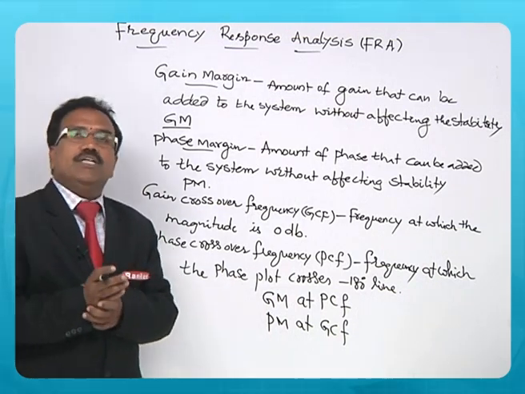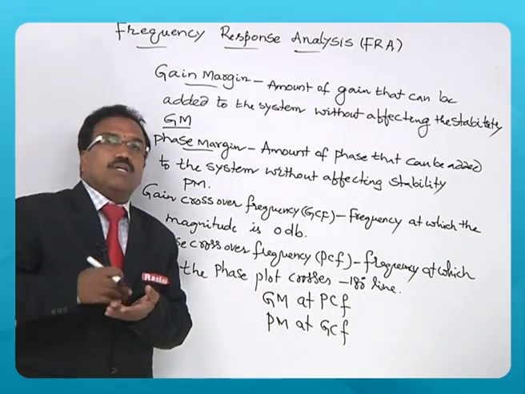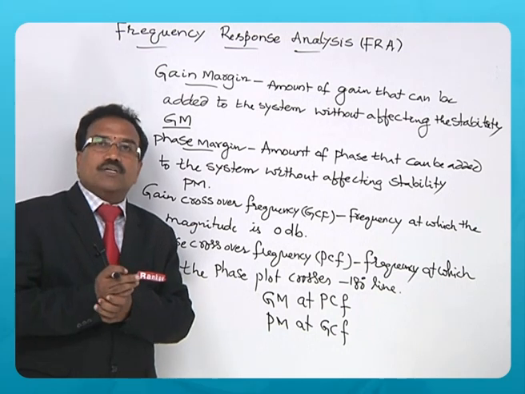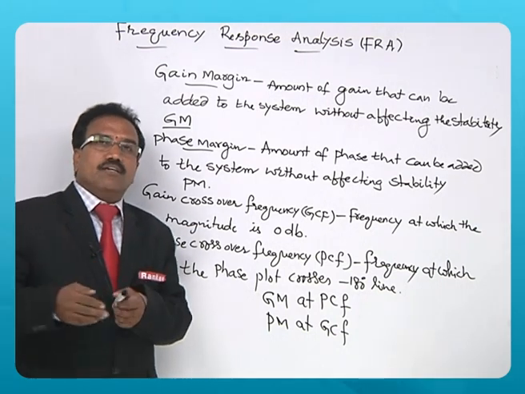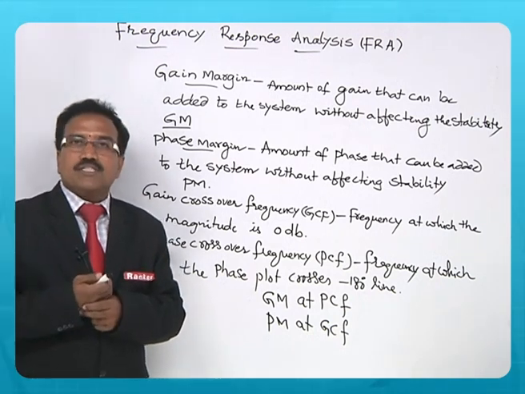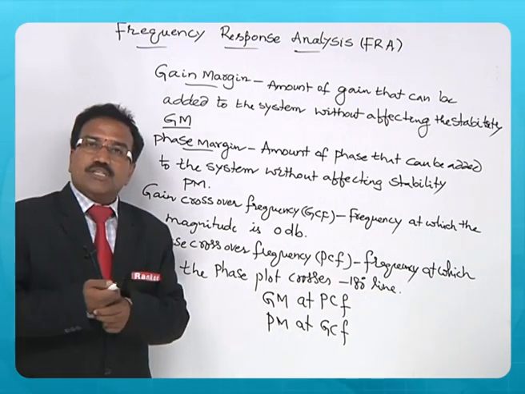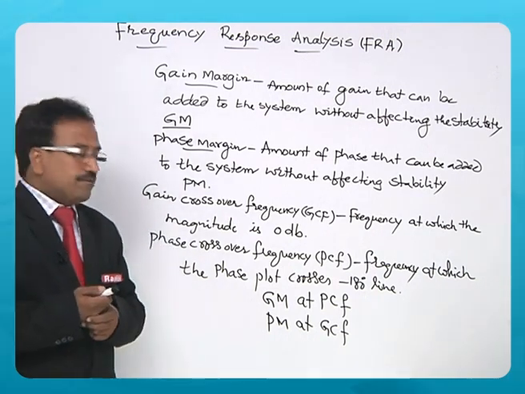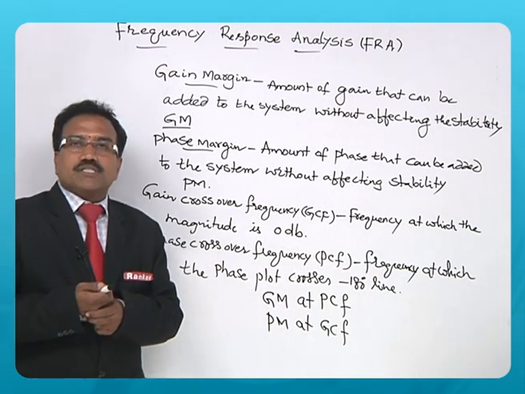Like relative stability, that means if you have more margin, you can still add to the system. You can say that it is a better system because you have a margin of adding more and more gain to the system, so that the system goes to the verge of instability. So gain margin is normally measured at phase crossover frequency, and phase margin is measured at gain crossover frequency.